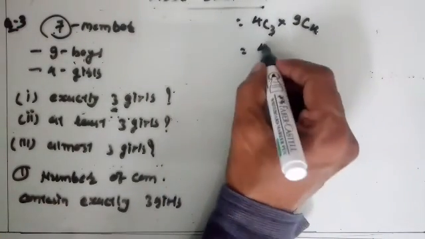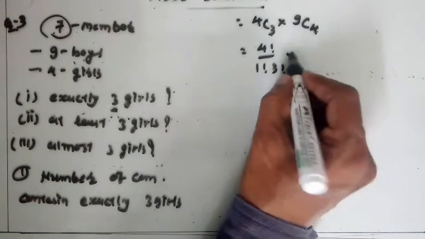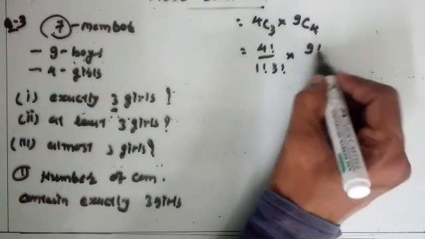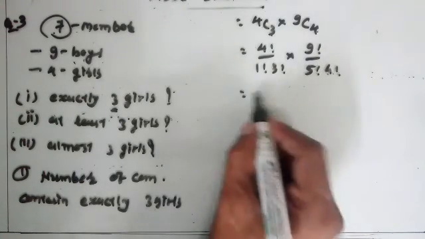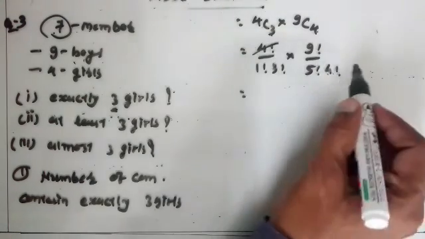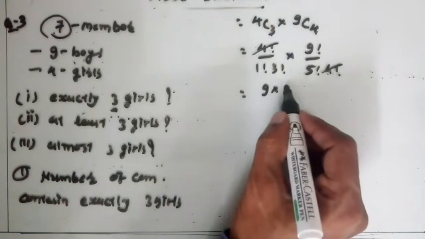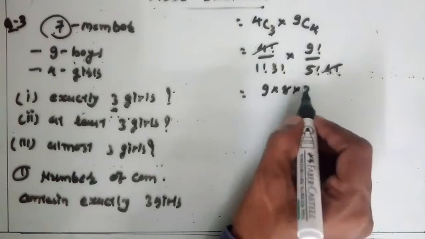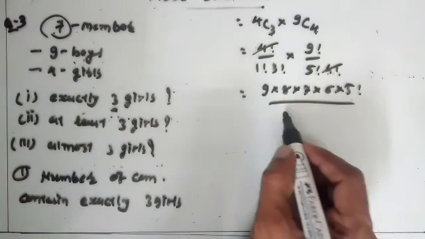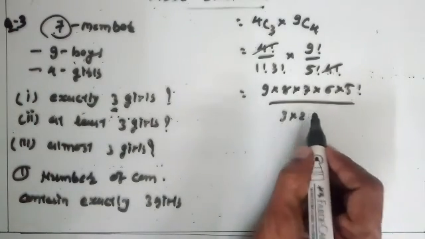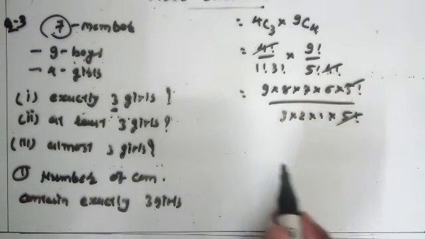4C3 is equal to 4 factorial upon (4 minus 3), that is 1 factorial, into 3 factorial, into 9 factorial upon (9 minus 4), that is 5 factorial, into 4 factorial. Here 4 factorial from both cancels. 9 factorial, that is 9 into 8 into 7 into 6 into 5 factorial, upon 3 factorial, that is 3 into 2 into 1, into 5 factorial. 5 factorial from both cancels.